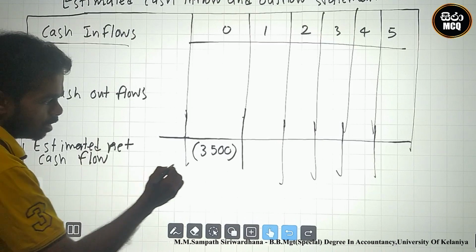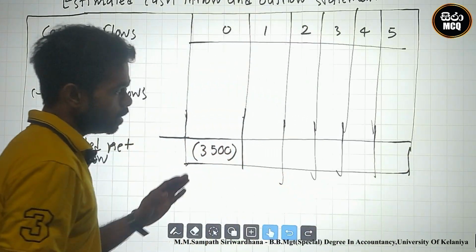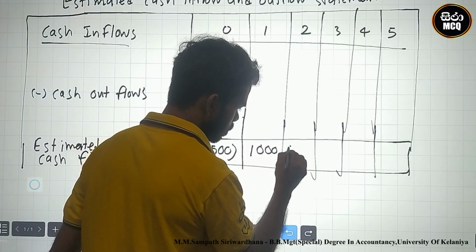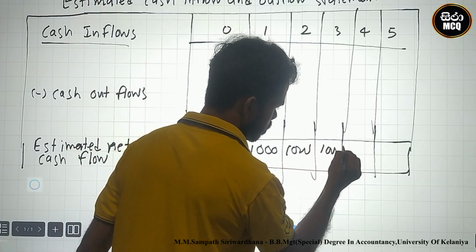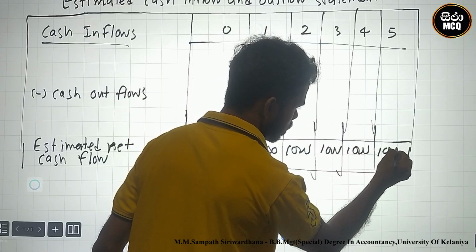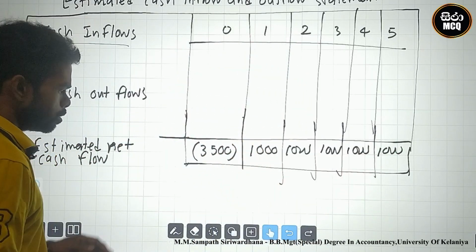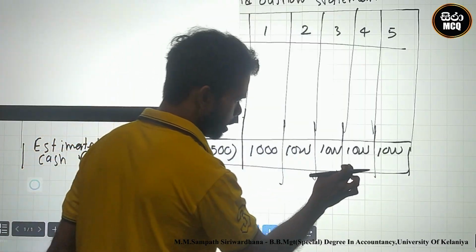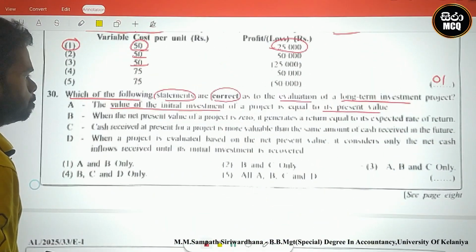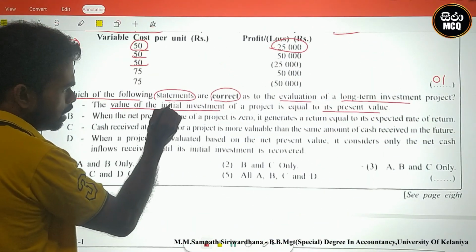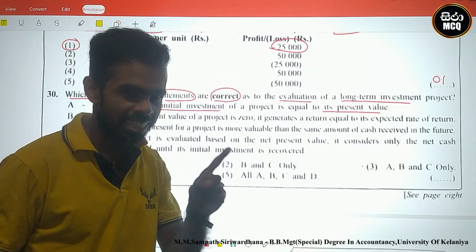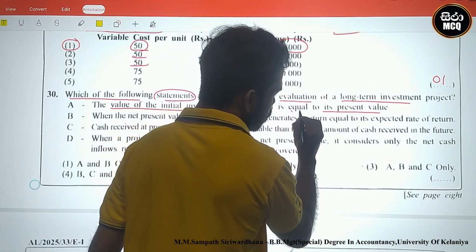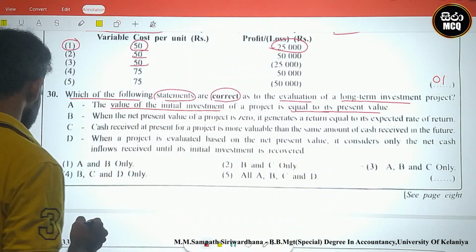At that point, there are so many inflows there. I write 1,000. These are the inflows of other years. This initial investment is this one. The statement says the value of the initial investment at year 0, with final result 3,500, is equal to its present value.